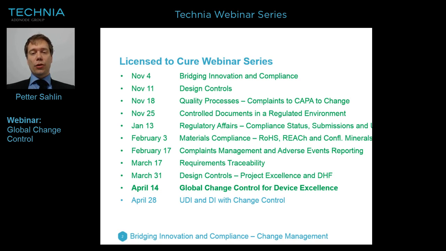We had a separate session on requirements traceability, which is deriving the requirements out of a functional spec, which might be a document file, then detailing the requirements and connecting them with the appropriate validation. The last session was revisiting design controls and the DHF buildup. And as mentioned, today is global change control.